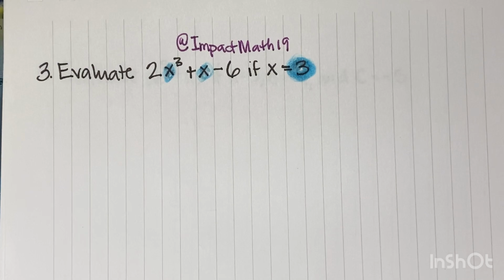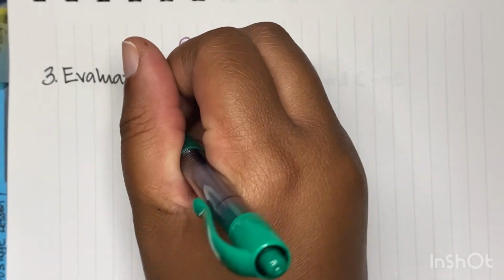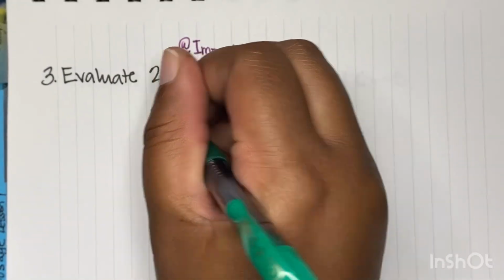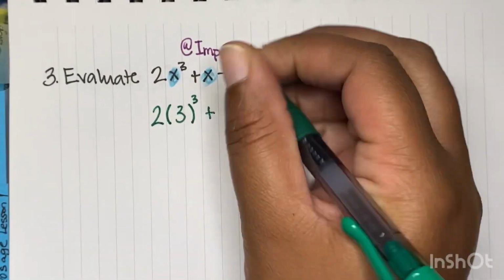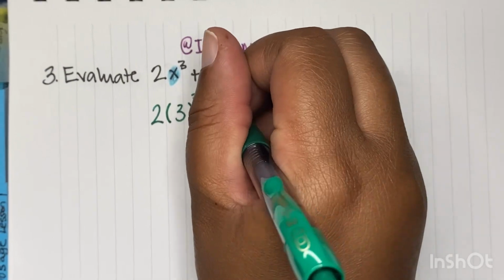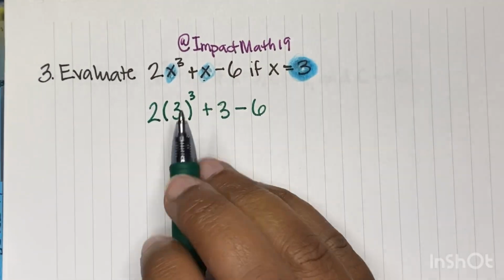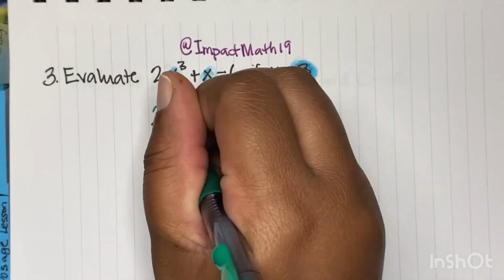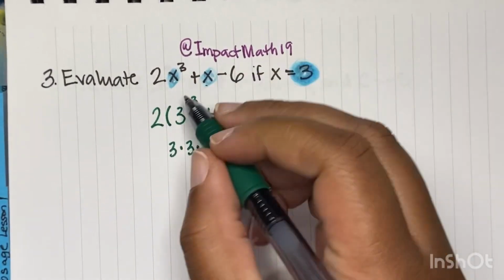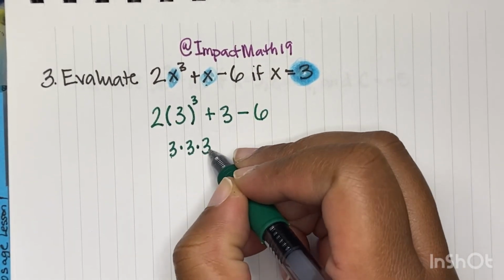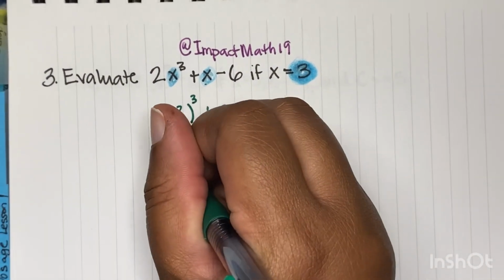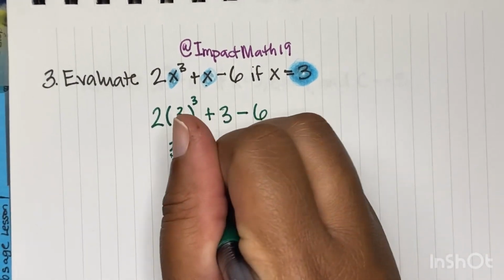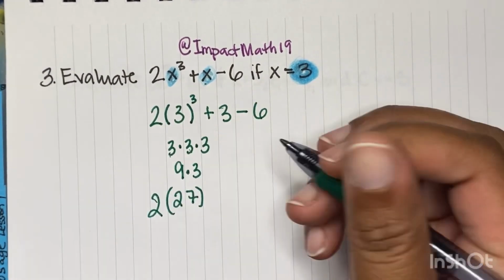So we're going to write this as 2 times, I'm going to plug in 3 here to the cube, plus I see another x, so I'm going to write 3 minus 6. Now we have to start with the exponent. So we're going to do 3 times 3 times 3. Okay, 3 to the cube means 3 times 3 times 3. So 3 times 3 is 9, times 3 is 27. And we're still having this 2 attached.